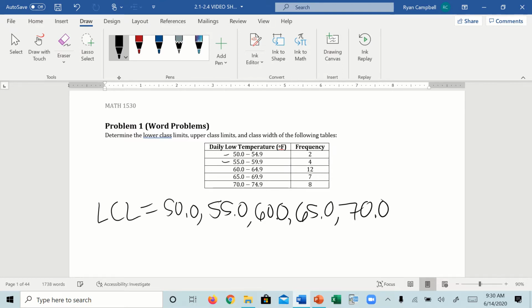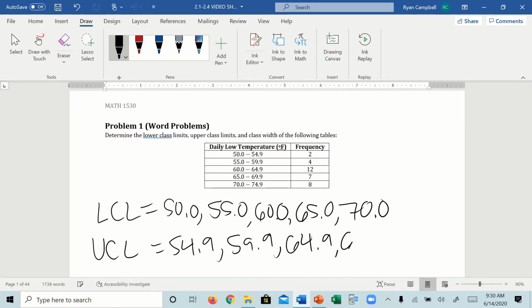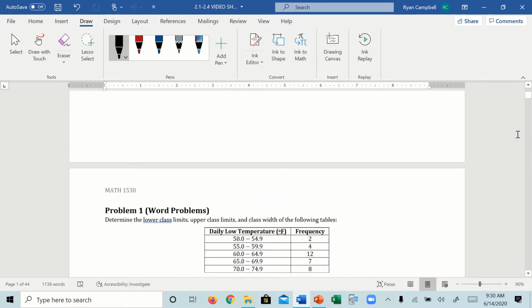So this is the first one, second, third, fourth, all the way down. What are the upper class limits? Well, those are just the other numbers, right? So 54.9, 59.9, 64.9, 69.9, and 74.9. All right, hopefully not too hard yet.